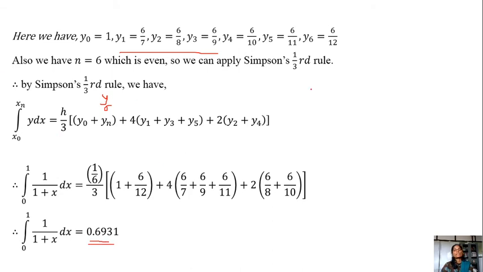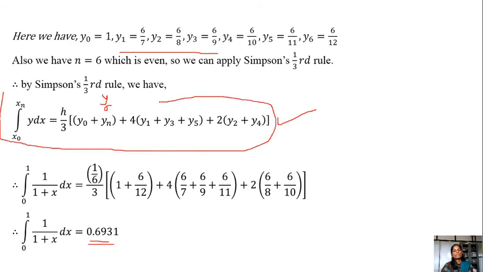The very important thing is how to use Simpson's one-third rule. The answer depends on the formula. If your formula is wrong, then the answer will be wrong. So remember this formula, Simpson's one-third rule: h by 3 times initial plus final plus 4 times i must be odd, and plus 2 times j must be even.